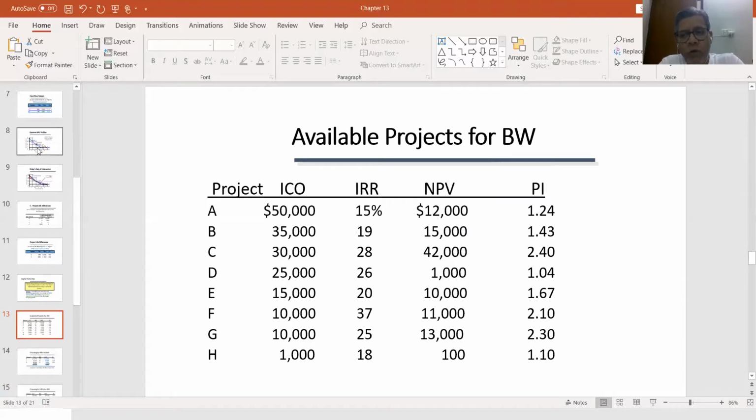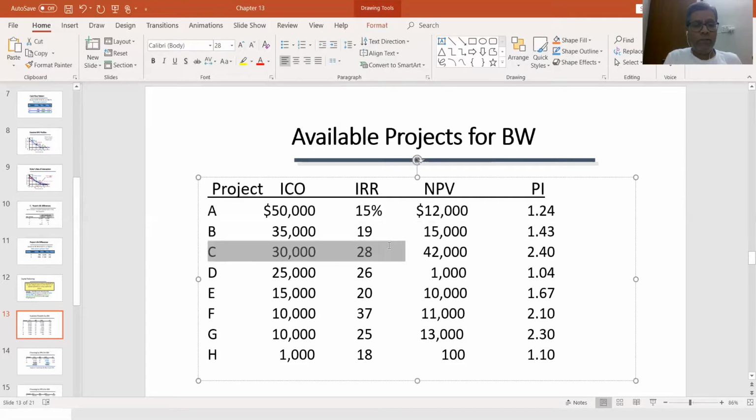So we can go for the selection of projects first on the basis of IRR. We select those projects which have a higher value of IRR. If you look at project F, it is giving you 37% return. Project C is giving you 28% return, whereas project D is giving you 26%.